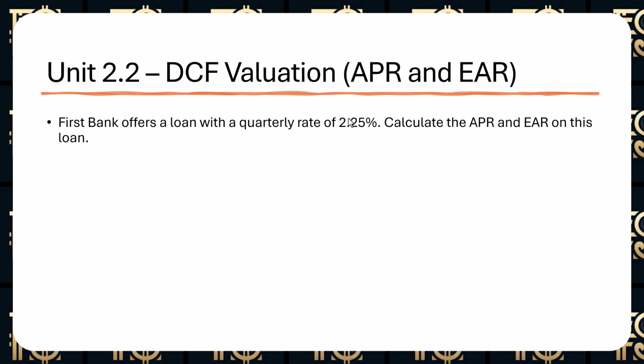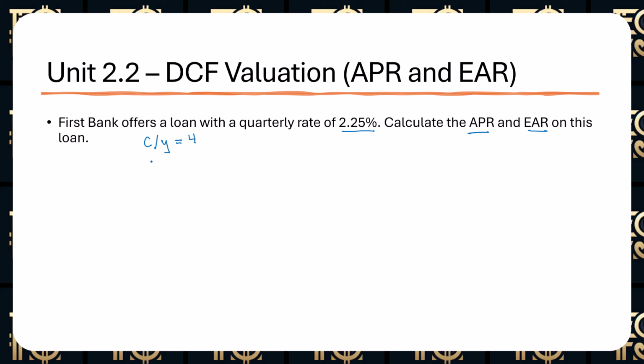Okay, last question here. First Bank offers a loan with a quarterly rate of 2.25%. So this particular question is a bit interesting because for the first time, they're giving us the period rate. We are now tasked with finding and calculating the APR and EAR on this particular loan. We know it's quarterly, so my compounding periods per year are 4.